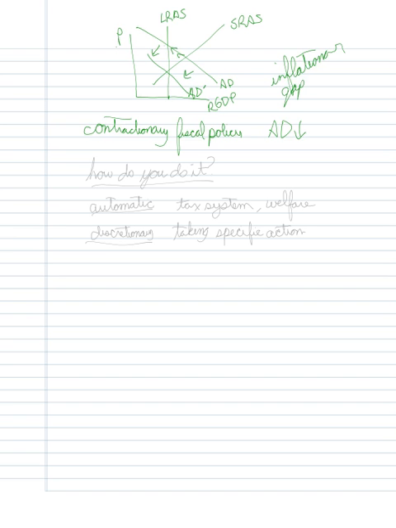Now, this leads to the question of how do you do this? How do you engage in expansionary and contractionary fiscal policy? Let's write that out. Well, the one thing you can do is actually do nothing. There's a lot of things that are actually automatic within the government, where spending goes down when the economy is doing well because fewer people need food stamps.